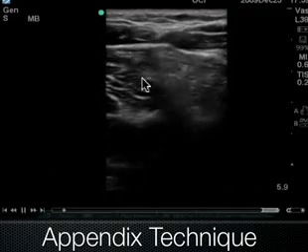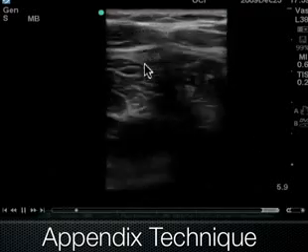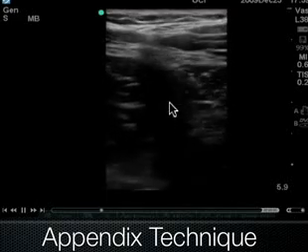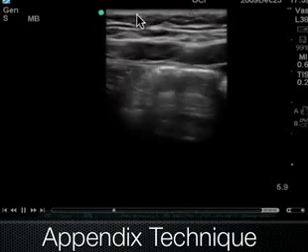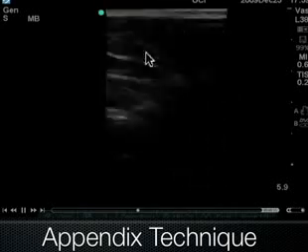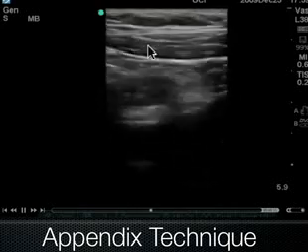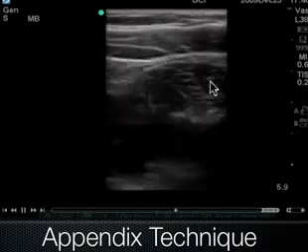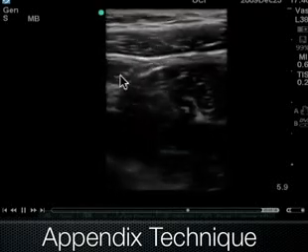We're going along, we can see some bowel peristalsing here. Here's psoas muscle right here, and psoas muscle is being compressed. The probe is up here on the skin line, subcutaneous fat. Here's muscle right here, and we're going to push that abdominal wall musculature all the way down until it comes in contact with psoas. And we can see some psoas right here, and here's a loop of bowel right here.